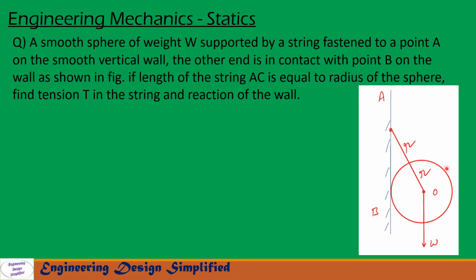Here a smooth sphere of weight W and radius R is attached to a string whose length is R, and this length is R. Total length is 2R and that is hinged here. So we need to find in this problem the tension in this string and the reaction of this wall on this sphere. Let us see in the coming slides how to solve this problem.